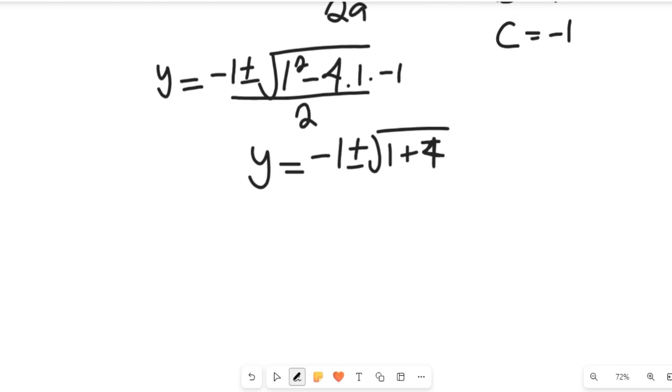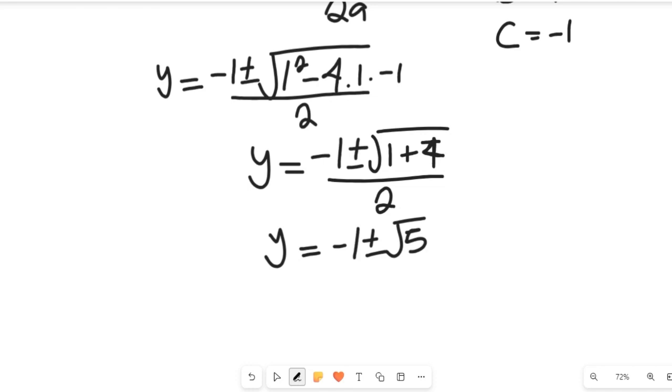Because negative times negative is going to give us a positive. So 4 times 1 will give us 4. So this will be divided by 2. So our y will be equal to negative 1 plus or minus square root of 5 divided by 2, right?